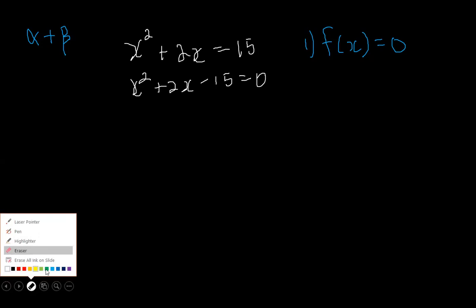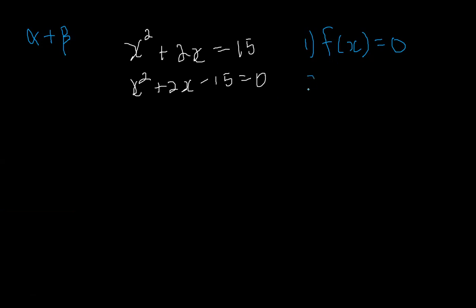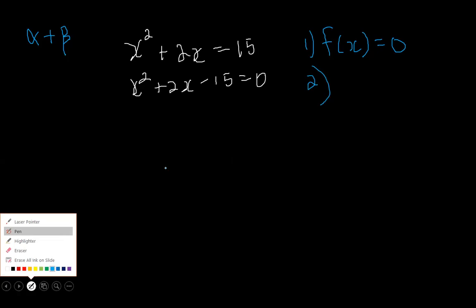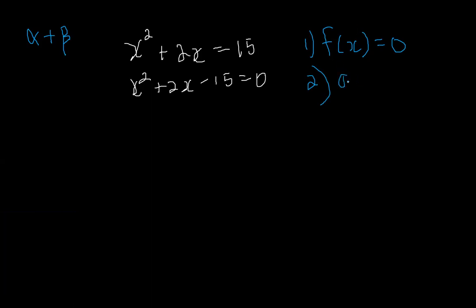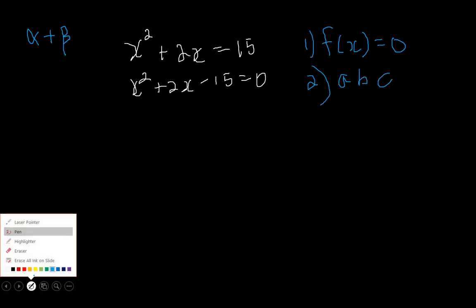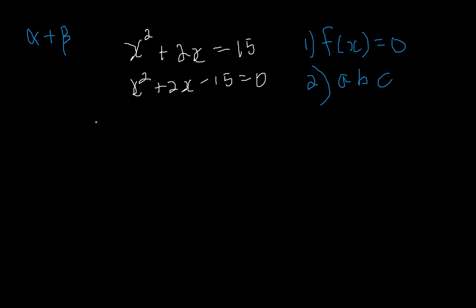Step number 2: identify the constants A, B, and C. So what is A, what is B, and what is C? A is 1, B is 2, and C is negative 15.